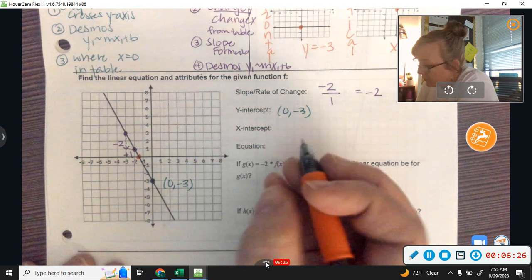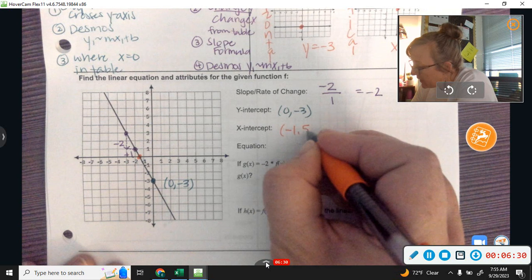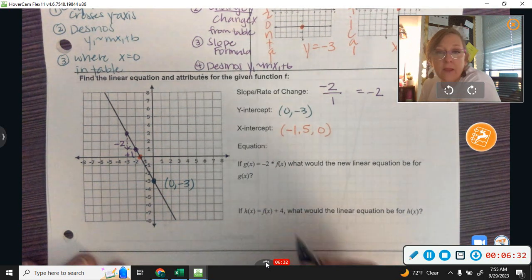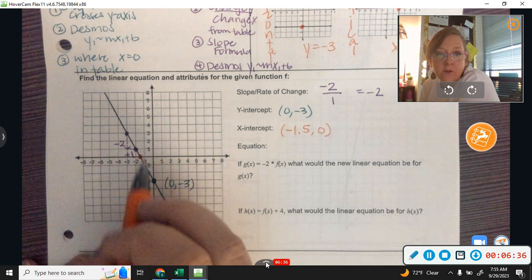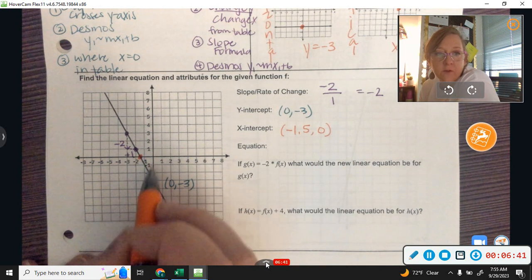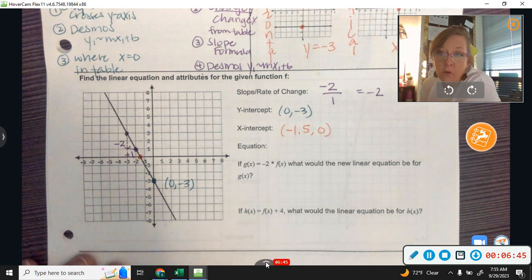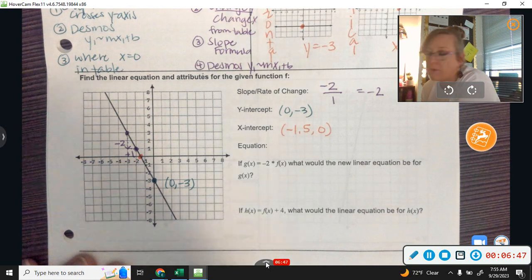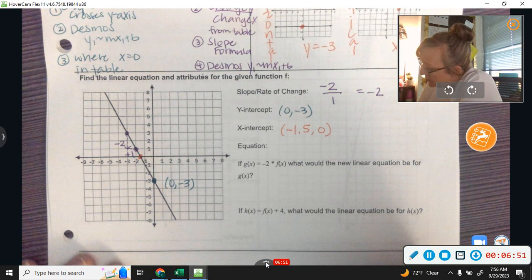So the x-intercept is actually at -1.5, because it's halfway. Whatever your slope is, you can use that as the denominator. So it's halfway because it's divided by 2. If the slope is 3, it'd be 1/3 or 2/3. If the slope was 4, it could be 1/4, 1/2, 3/4. So just thinking about where you are.